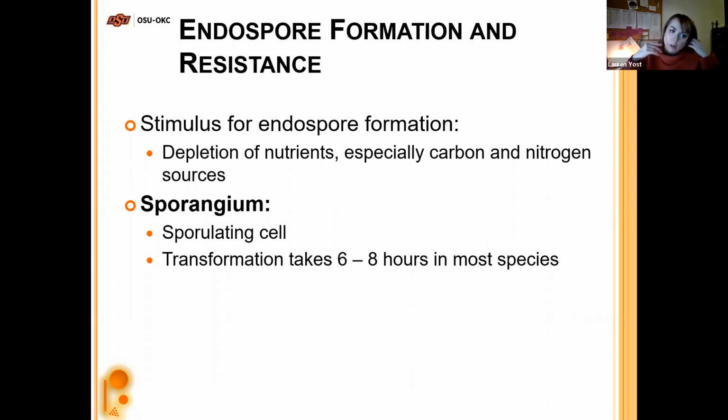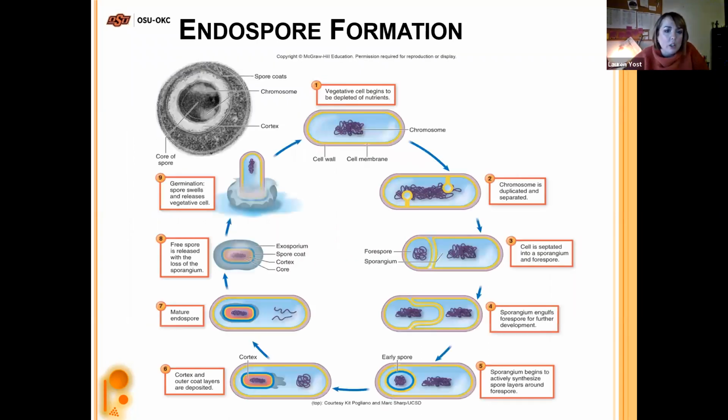So you start going through sporulation, which means making endospores. Now that you are getting ready to make your endospore, you are the sporangium, and you've got the endospore forming in you during the sporulation process. Okay, here's some pictures of it.